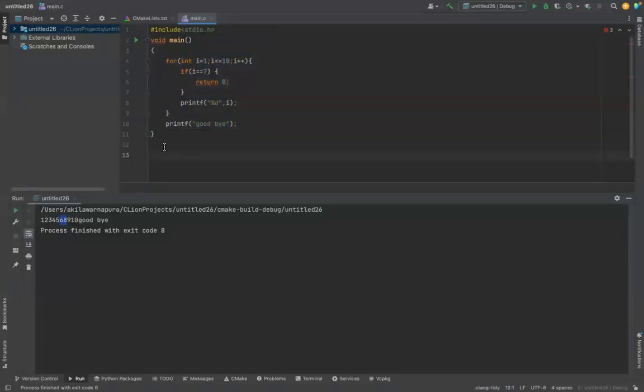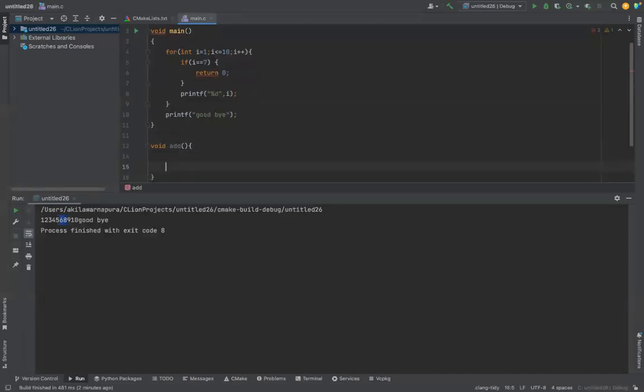Let's say you need to add two numbers. Then you can add a function called int add. Sorry, let's say void add. If you need to add two numbers, you need to pass two numbers to the function.